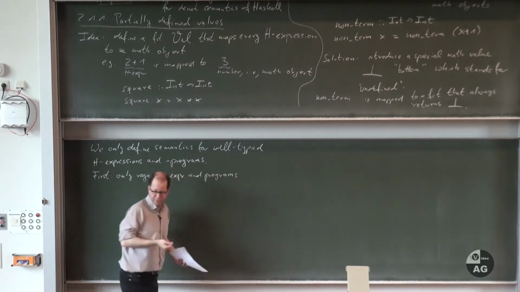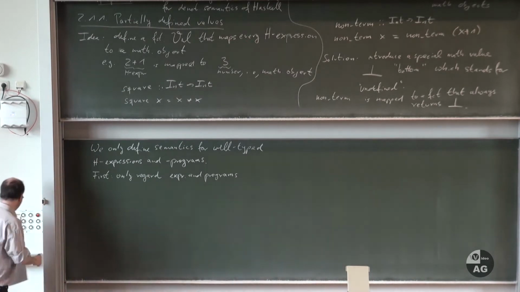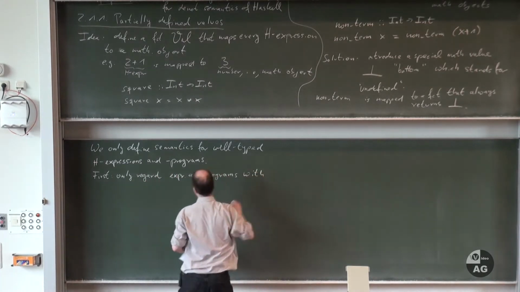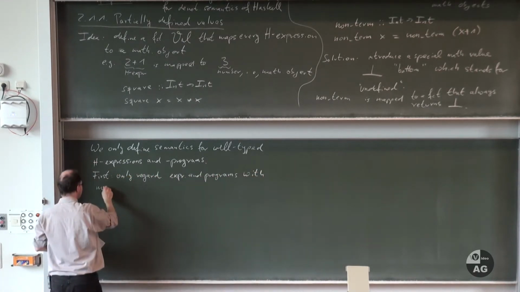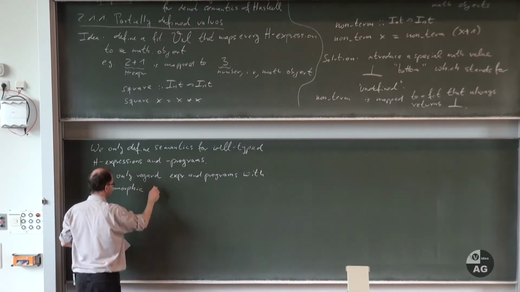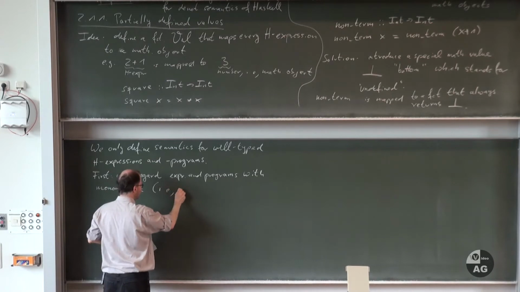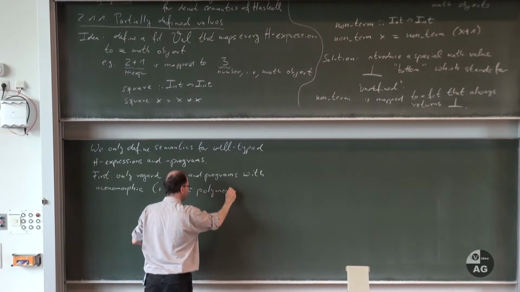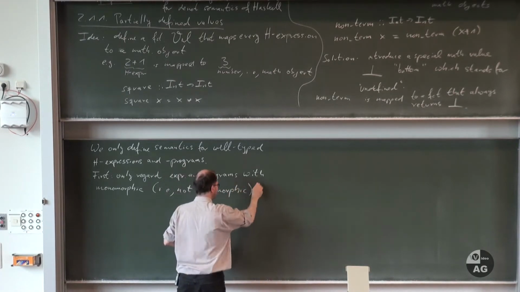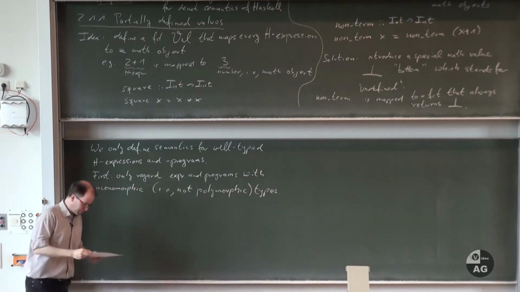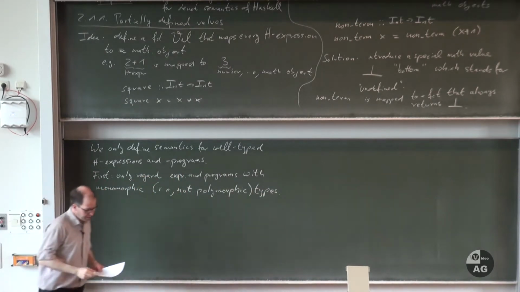And monomorphic is the contrary of polymorphic. So monomorphic means not polymorphic type. So no type variables. Let's exclude type variables for the moment, and we will introduce them afterwards.